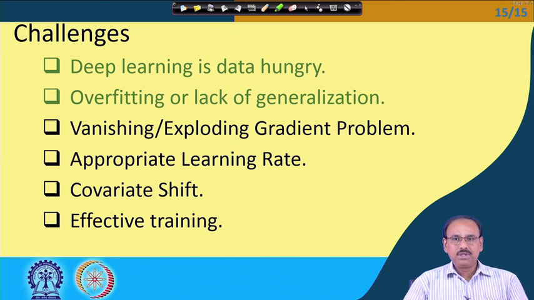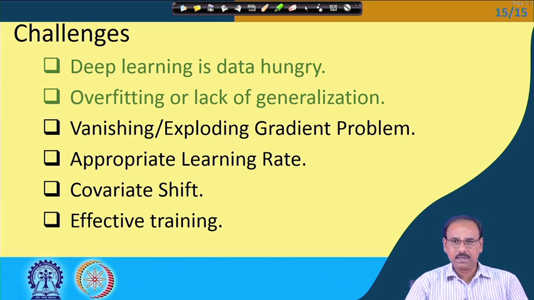The other problem, which is quite common in deep neural networks, and in fact increases with the depth of the network, is the vanishing or exploding gradient problem. As you have seen, during training we use the gradient descent approach, and all the error information flows in the backward direction from output to input.